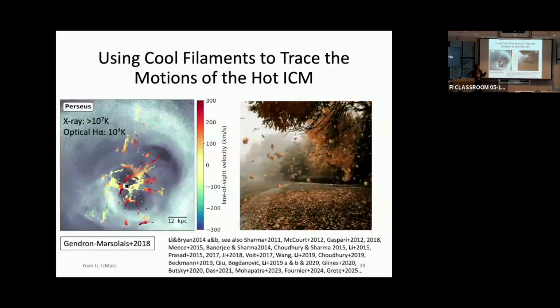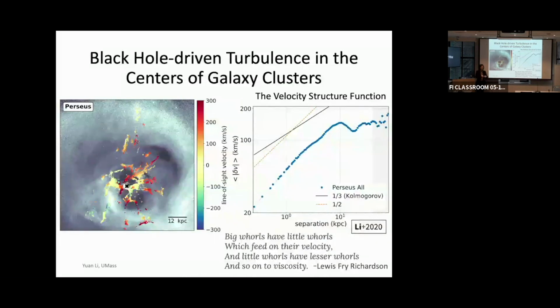And so what I thought about doing a few years ago was maybe I could look at how these cool filaments are moving to understand how the hot plasma is moving, just like we can look at how the leaves are moving to understand how the wind is blowing. And with these IFU telescopes, you can actually get the line-of-sight velocities of these cool clouds. And so I pulled out the one tool I know how to use.